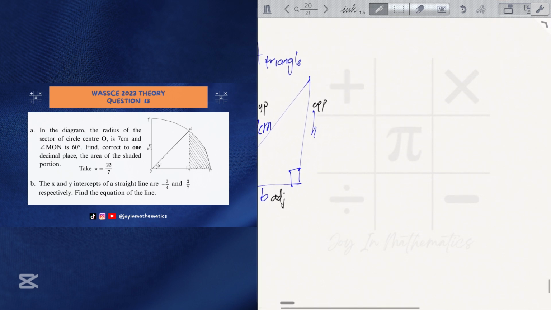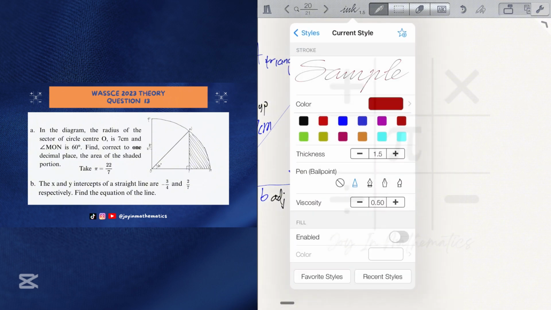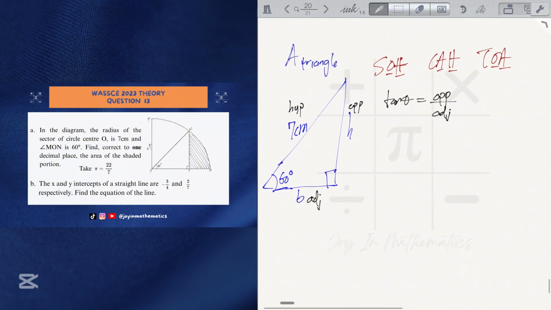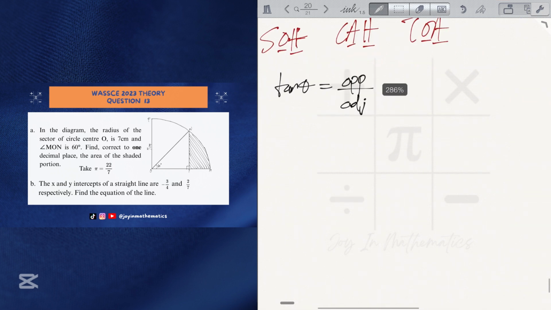That means we are going to apply the trigonometric ratio of SOH CAH TOA, where sine is equal to opposite over hypotenuse, cos is adjacent over hypotenuse, and tan is opposite over adjacent. If we begin, tan theta is equal to opposite over adjacent. In this case, tan 60 degrees is equal to opposite over adjacent, which is h over b.